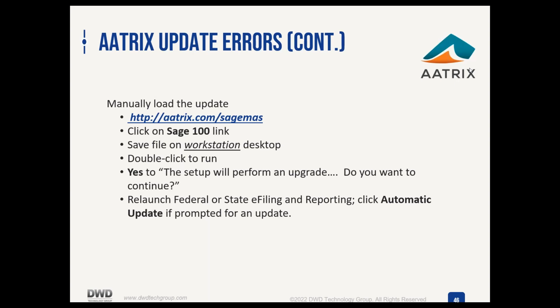And it will do basically the same update that I just walked through on my own system. And when you go back into the federal and state e-filing and it prompts you for the automatic update again, just go ahead and do it. Because it will recognize that that has already been installed, it will move through that virtually immediately.